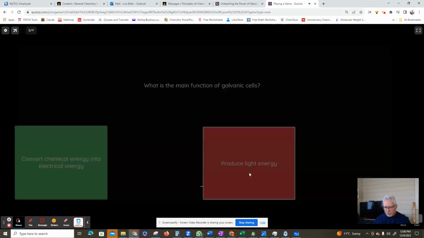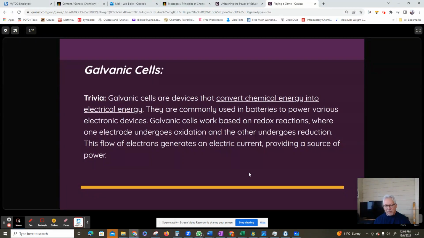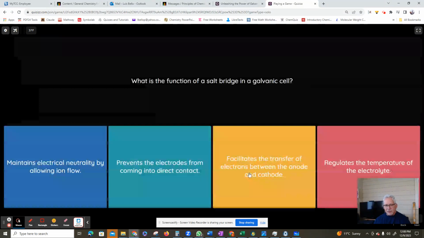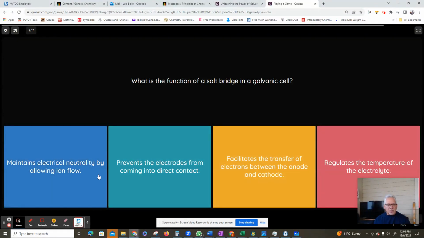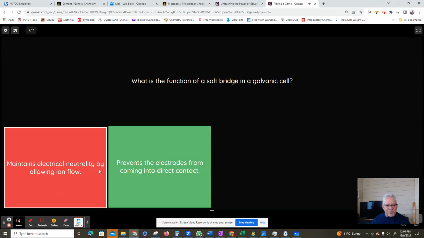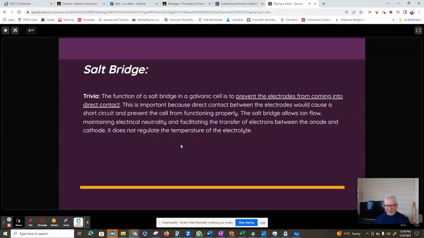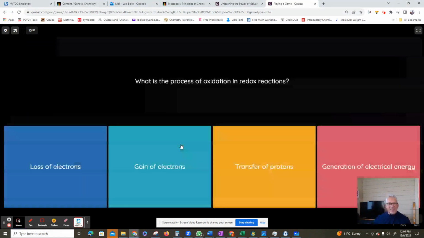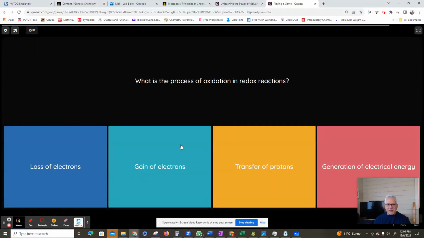I on purpose clicked on the wrong question, and then where is the function? Okay, maintain the. Oops, yeah, this time was wrong. I didn't mean to click the wrong one. Anyway, this is the way. What is the process of oxidation in redox reaction? That will be loss of electron, right?